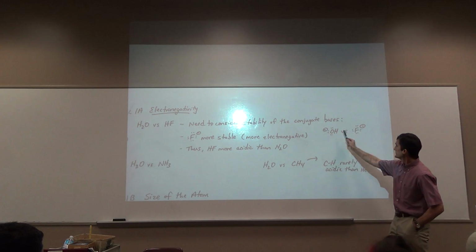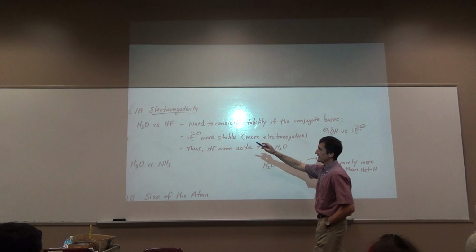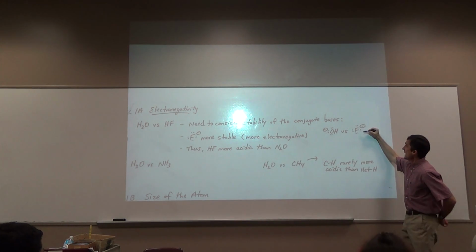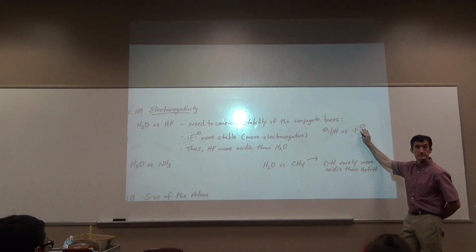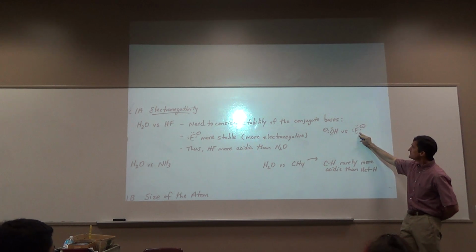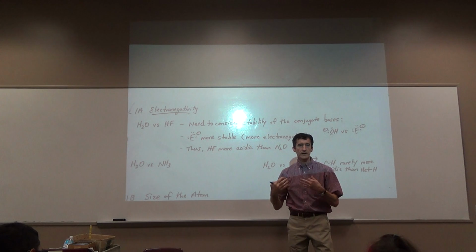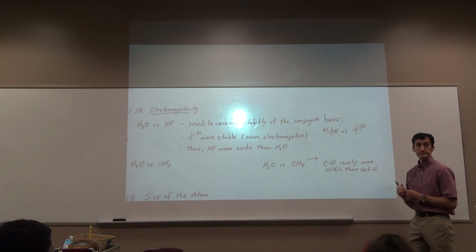Now, how do we judge which is more stable? Well, 1A, we're looking at electronegativity. And the F minus is more stable because it is more electronegative. It's just a periodic trend. It's more able to handle the negative charge compared to the oxygen.